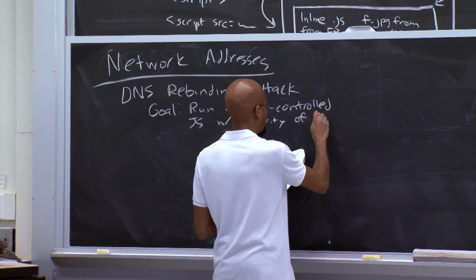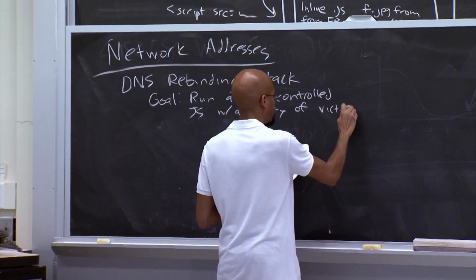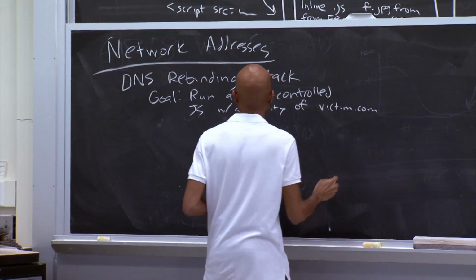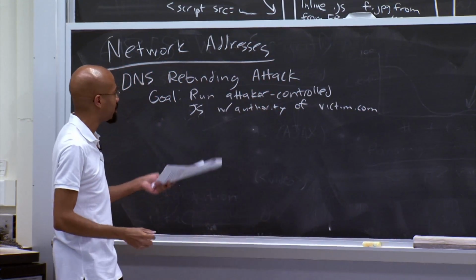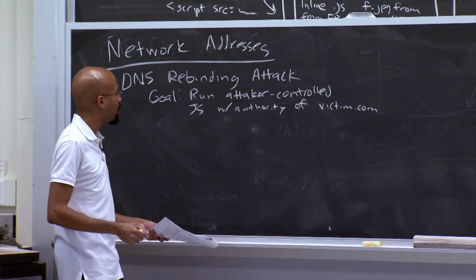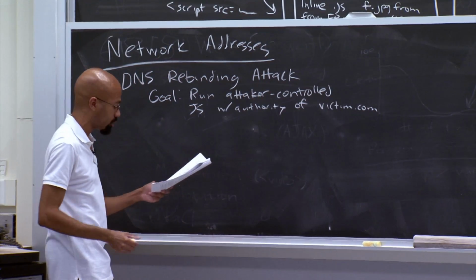Let's call them victim.com. So the attacker wants to bust the same origin policy and somehow run code that he has written with the authority of some other site.